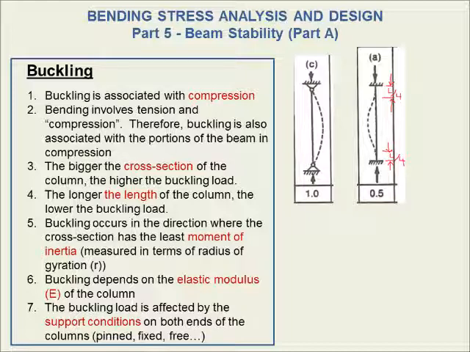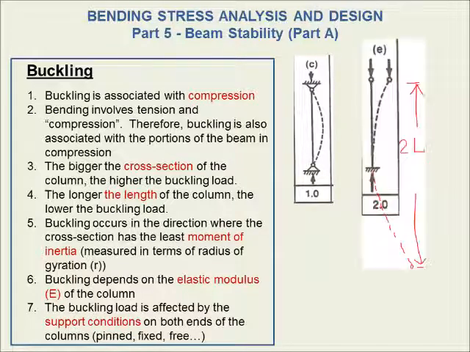So in this case, where we have effectively made the column half as tall, we have increased its buckling strength by 4 times. If we make it twice as tall, we've reduced its buckling strength by 4 times. Okay? So let's look at another support condition.